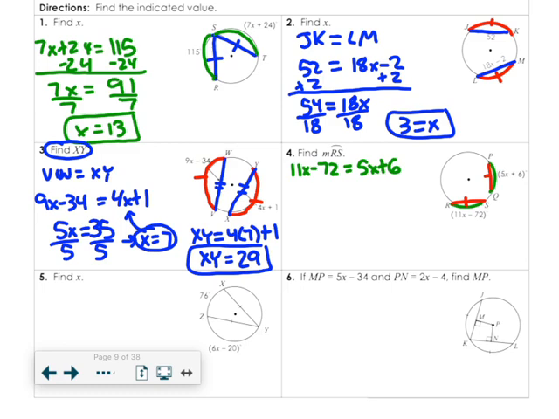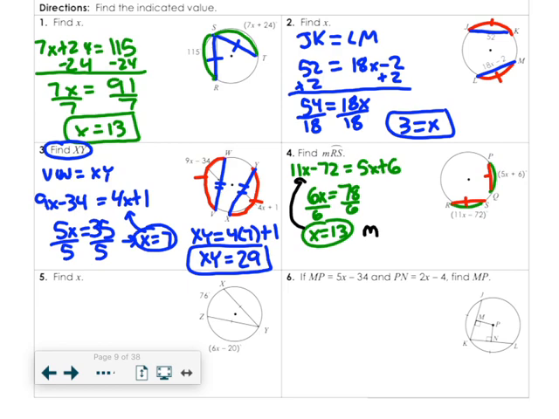Subtracting 5x from both sides, you get 6x. Adding 72 to both sides, we get 78. Dividing 78 by 6, we get that x equals 13. Then we're going to take that 13 and plug it back in right there because RS is the one that's 11x minus 72.